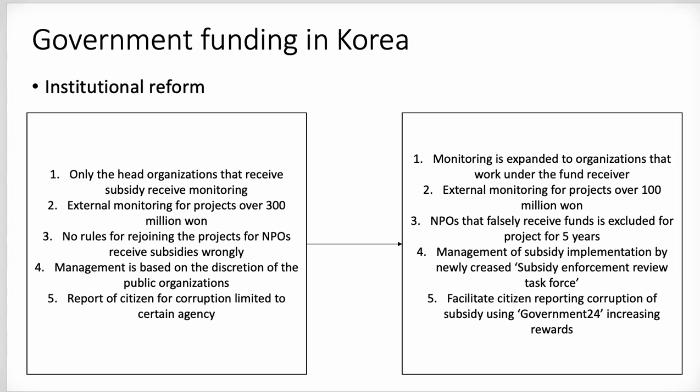Fourth, management of subsidy implementation is handled by the newly created Subsidy Enforcement Review Task Force. Fifth, citizen reporting of corruption on subsidies is facilitated using Government 24, and they increased the rewards.